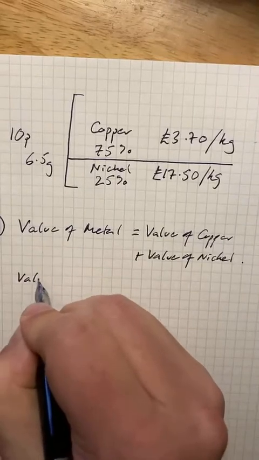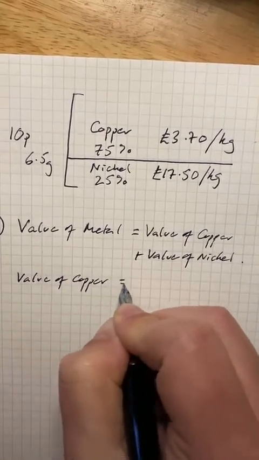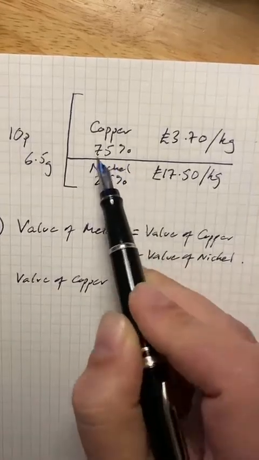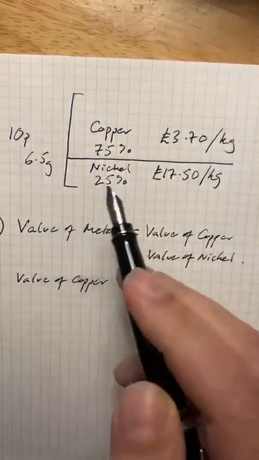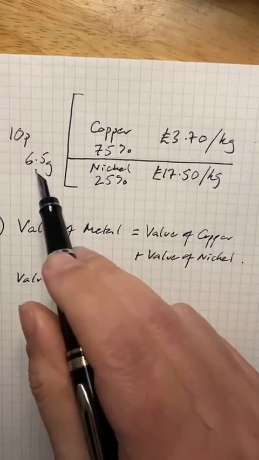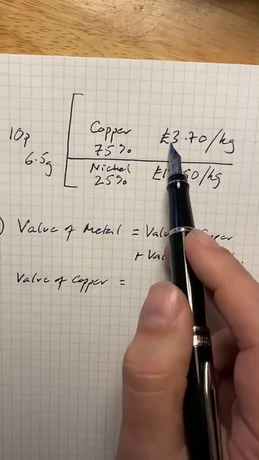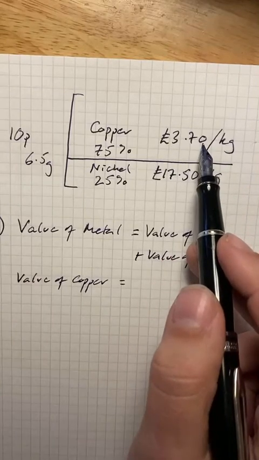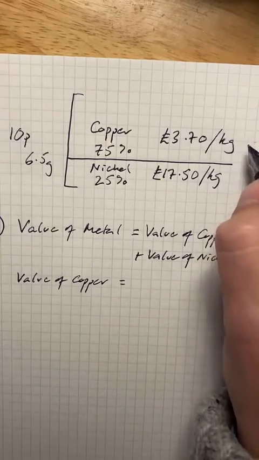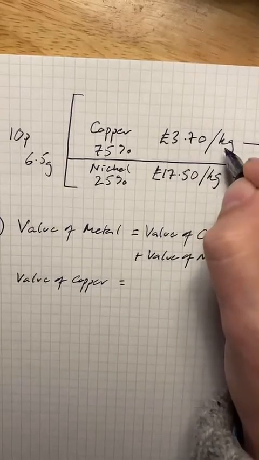And the value of the copper, how are we going to work that out? Well, we know it's 75% of 6.5 grams. And we know the value is per kilogram. So £3.70, let's turn this into grams to make it easier. How much is that per gram?